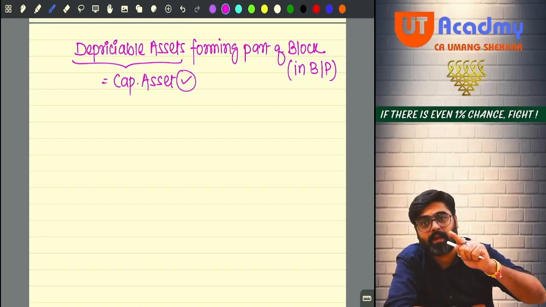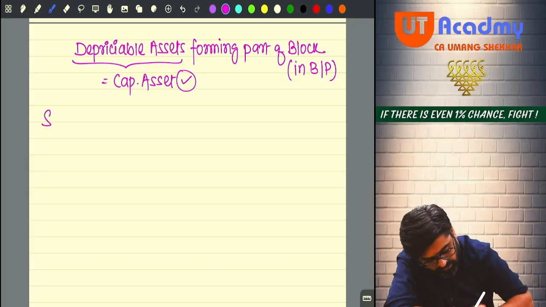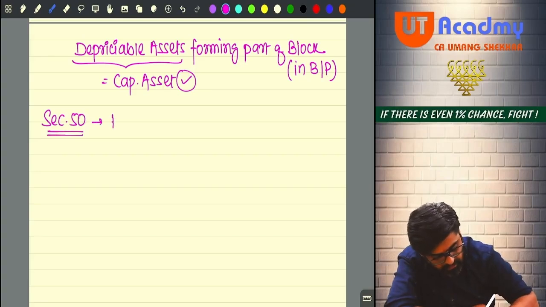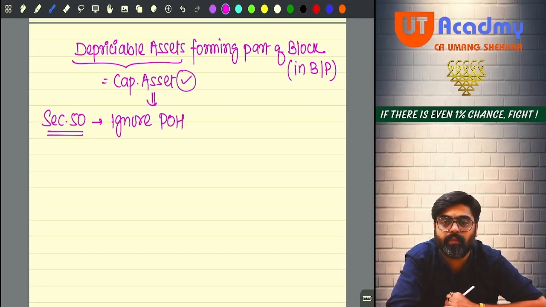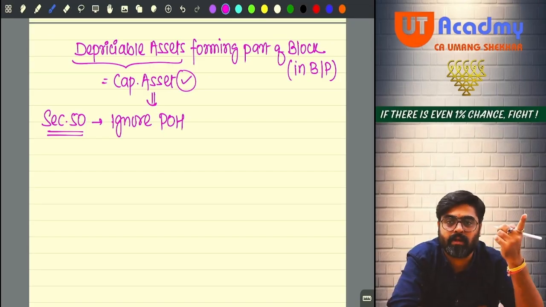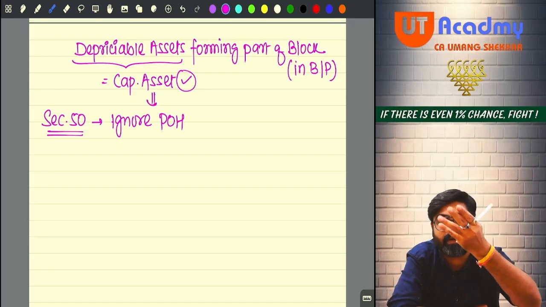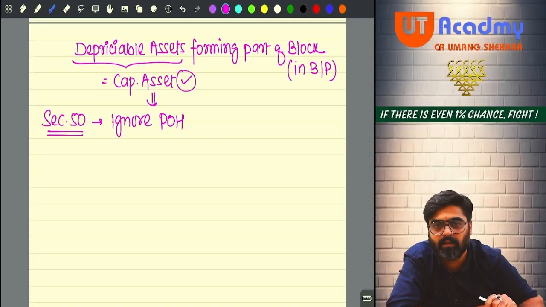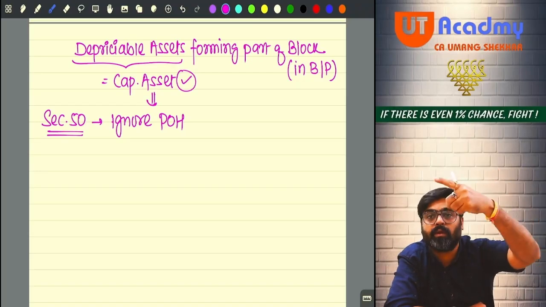So whatever capital gain or capital loss arises on these assets, section 50 says to ignore their period of holding. Why? Because the moment they form part of the block, their identity is gone. No need to identify those assets. And if you are seeing the period of holding for each asset, that means you are trying to give the identity. Now no need to see their period of holding.